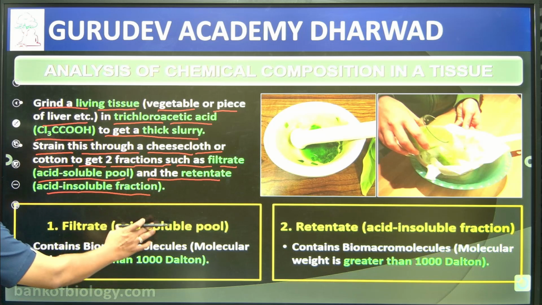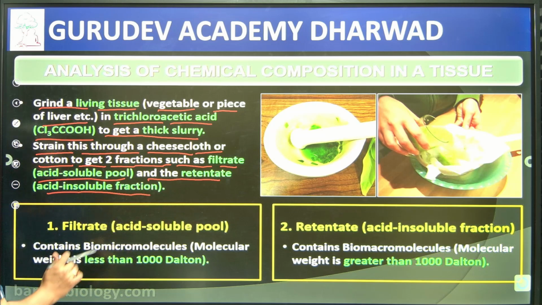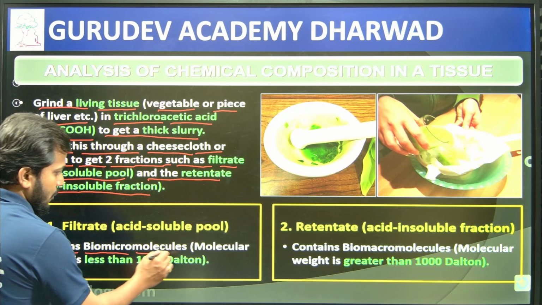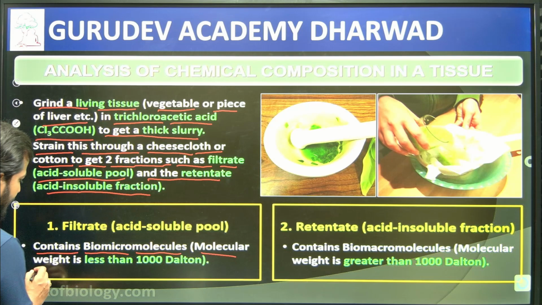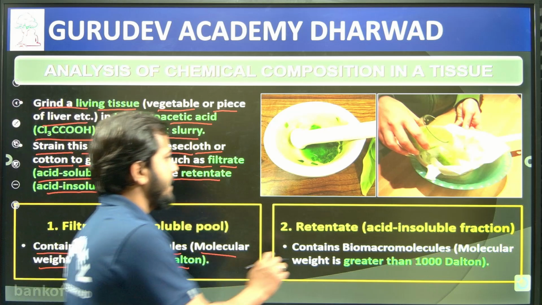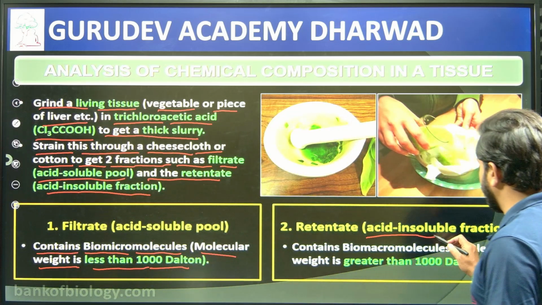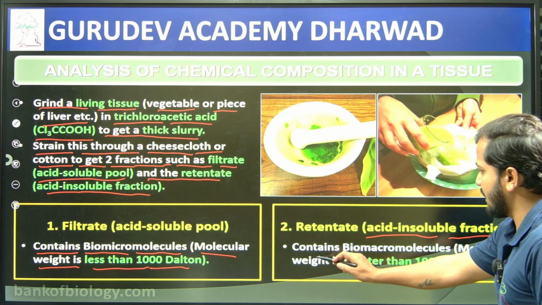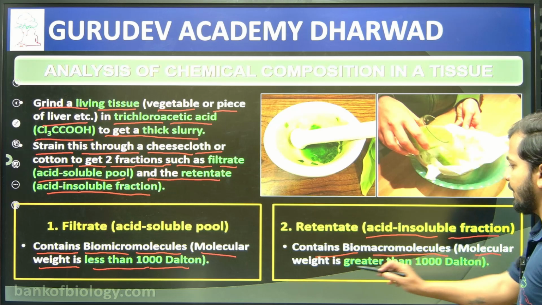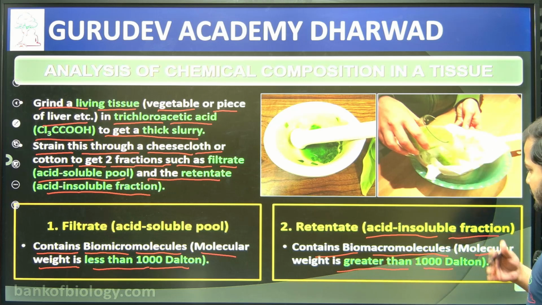With respect to the filtrate, the acid soluble pool contains biomacromolecules with molecular weight less than 1000 Dalton. And the retentate, which we call the acid insoluble fraction, contains biomacromolecules with molecular weight greater than 1000 Dalton.